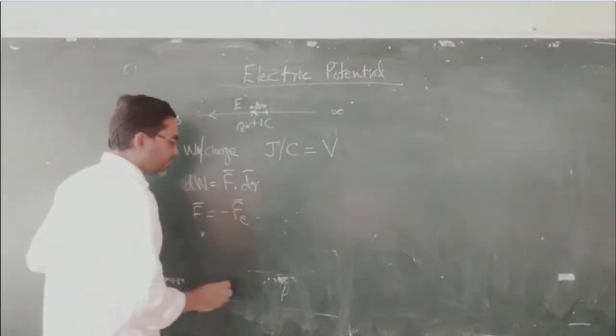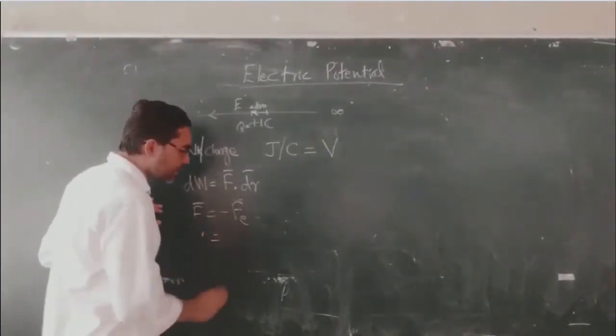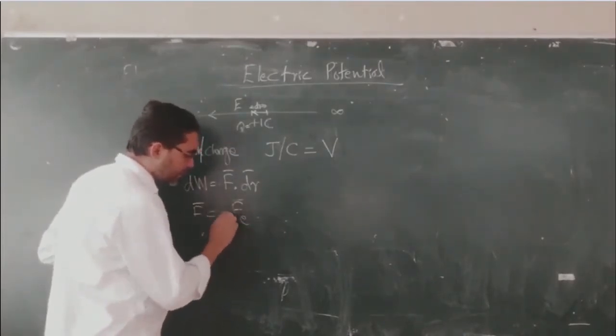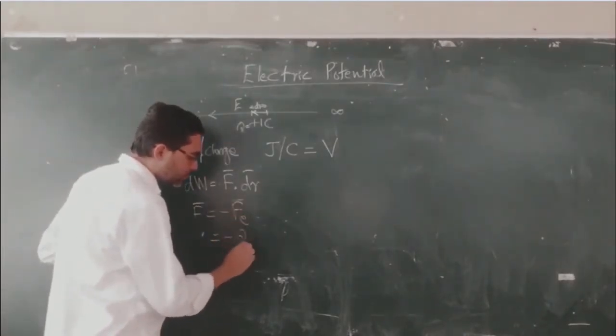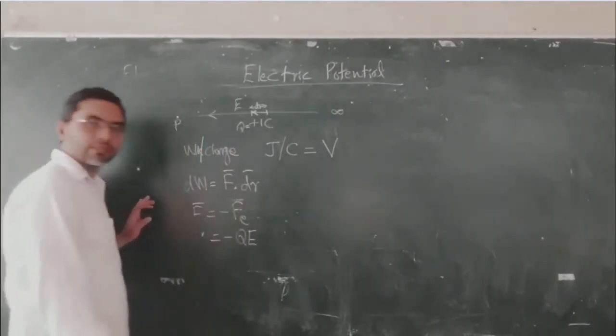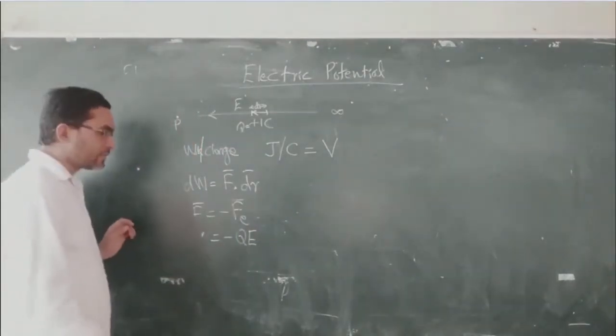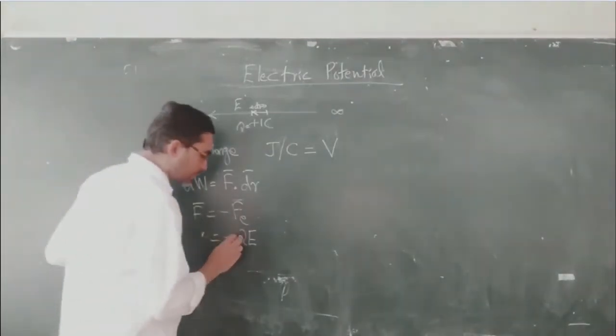F is equal to Fe. Now what is Fe? Fe is equal to QE, the force acting on the charged particle where Q is equal to plus 1 coulomb.